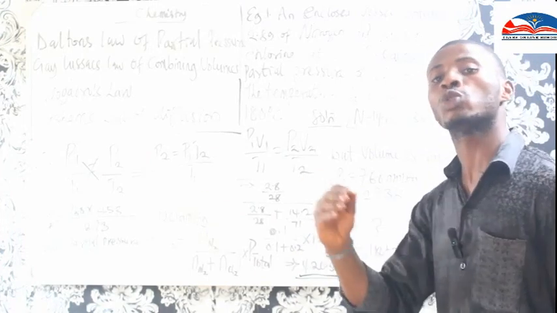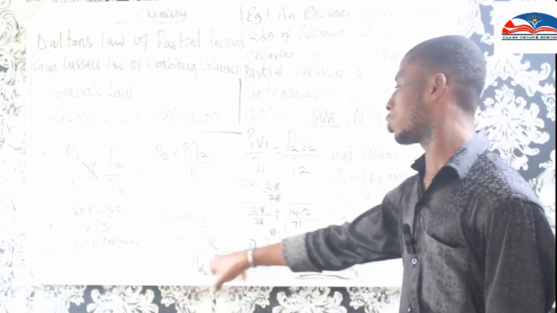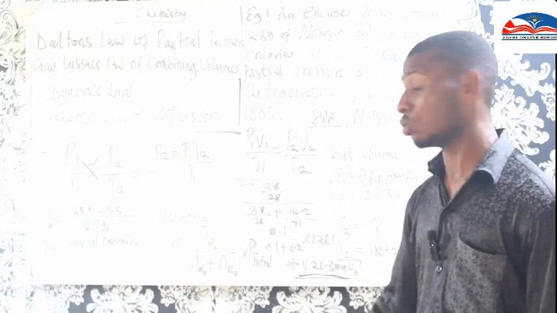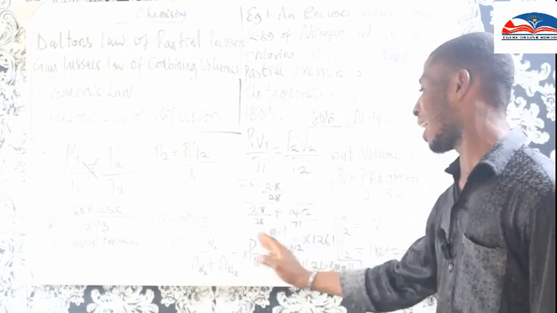Now, we want to calculate the partial pressure. This is where we put down our formula for partial pressure. The partial pressure of nitrogen, N2, equals the number of moles of N2 all over the number of moles of the whole mixture, which is chlorine and nitrogen gas, times the total pressure.